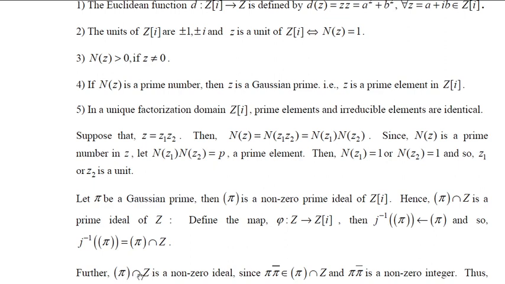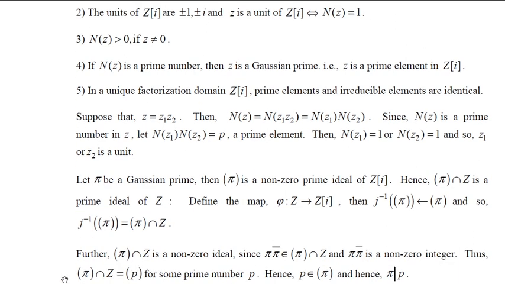Further, this ideal is non-zero because pi into pi bar belongs to the intersection of these two, and pi into pi bar is a non-zero integer. Thus the intersection equals some principal ideal generated by p, where p is a prime number, because the inverse image of a prime ideal is a prime ideal.